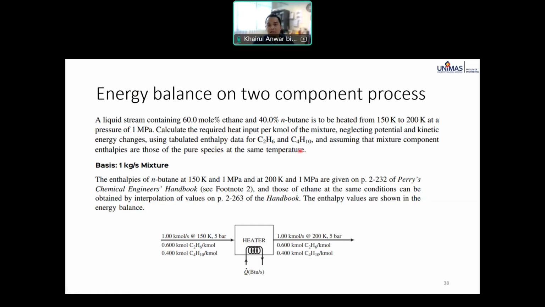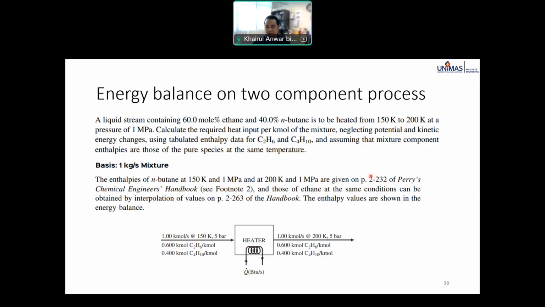For ethane and butane, assume that the mixture components behave as the pure species. The enthalpies of butane at 150 Kelvin and 1 MPa and 200 Kelvin are given on page 2-222.